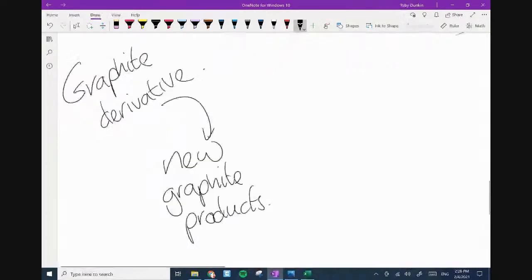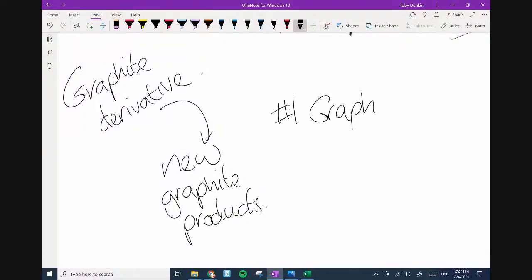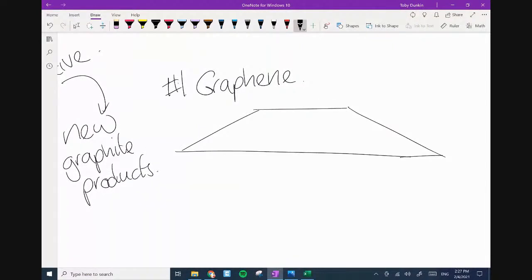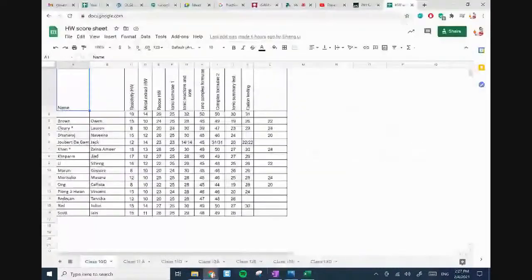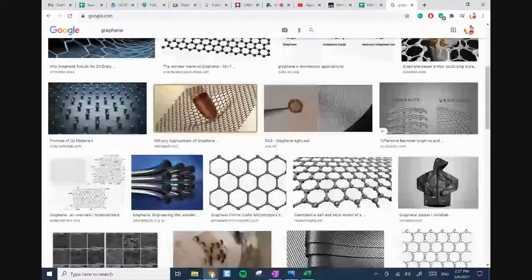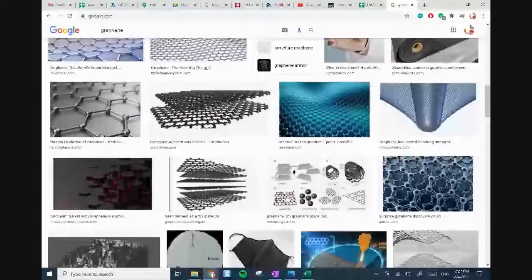Graphene is a single layer of graphite, just one layer. I'm not going to bother trying to draw that, I'm running out of time anyway. The reason why this is special is because this single layer of graphite picks up a whole new set of properties.